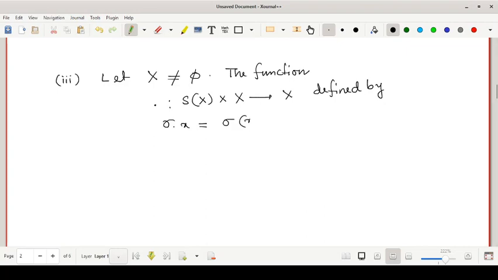Just take sigma of x, for all x in X and for all sigma in Sx, is an action of Sx on X.